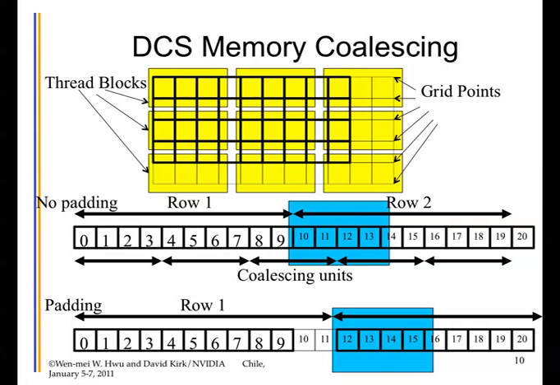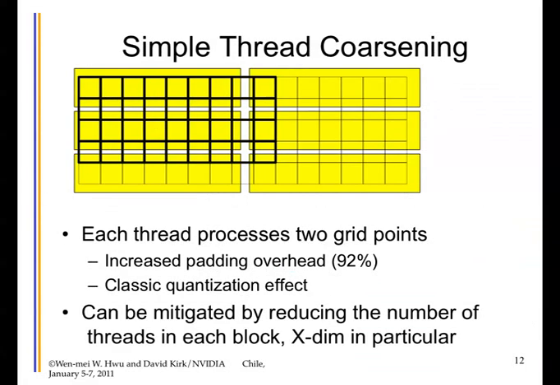In that case, the thread block will end up covering twice the amount of lattice. So the tile covered by each thread block will become twice the size, which will become the next picture. So we will end up with each thread block covering twice the number of lattice points.